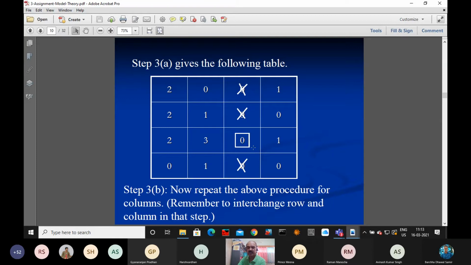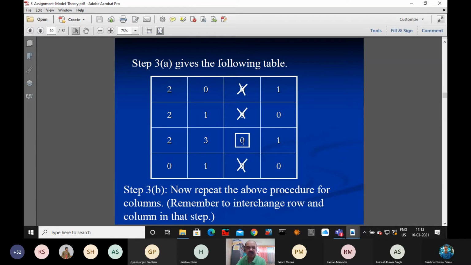This means the variable x33 equals 1. Once you have assigned this, cross out all the zeros in the column. Now we'll check after that.